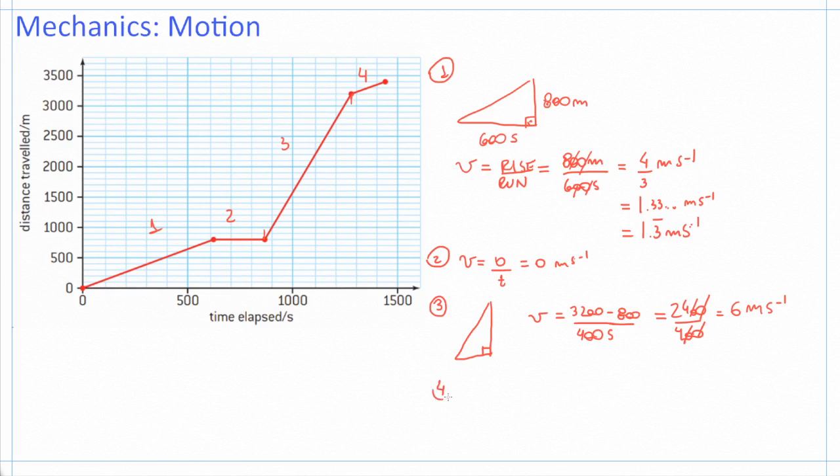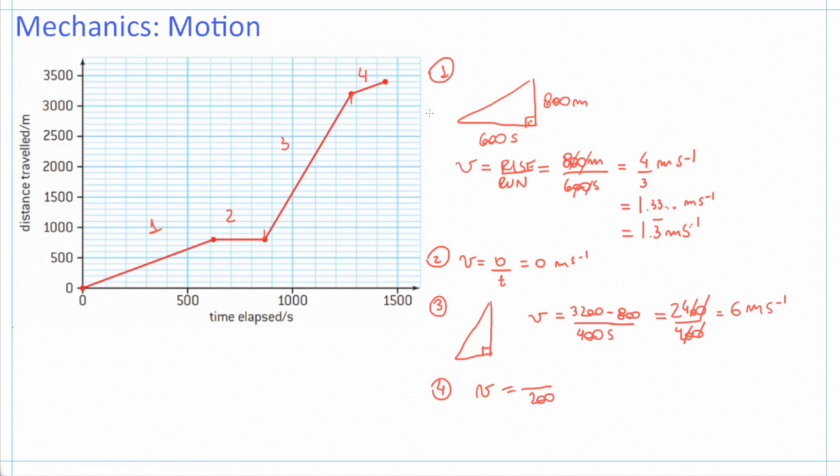Now let's go to number 4. Here we have a small triangle again. If we make the same approximation that we did before, let's say that this piece and this piece are about a whole piece, so that would be 100, and this 100 as well. So our run would be 200.